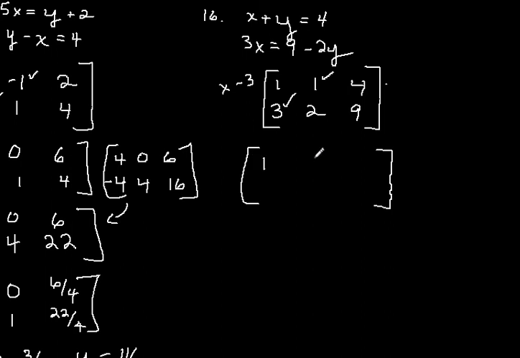So we get 1, 1, 4. I don't want to change that row yet. So -3 plus 3 is 0. -3 plus 2 is -1. -12 plus 9 is -3. You can see why this one's a little bit easier. And then we need to get a 0 here. So the bottom line is going to stay for right now.